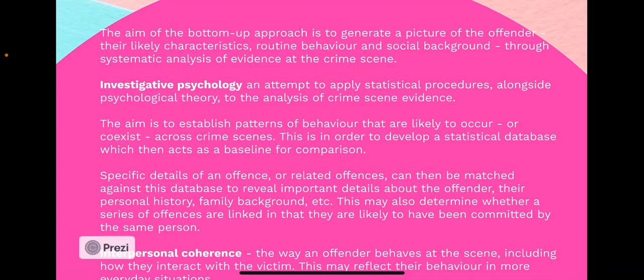It's an attempt to generate a picture of the offender and their characteristics through a systematic analysis of evidence at the crime scene. So it uses investigative psychology, which is applying a statistical procedure alongside psychological theory to analyse the crime scene evidence in more detail.